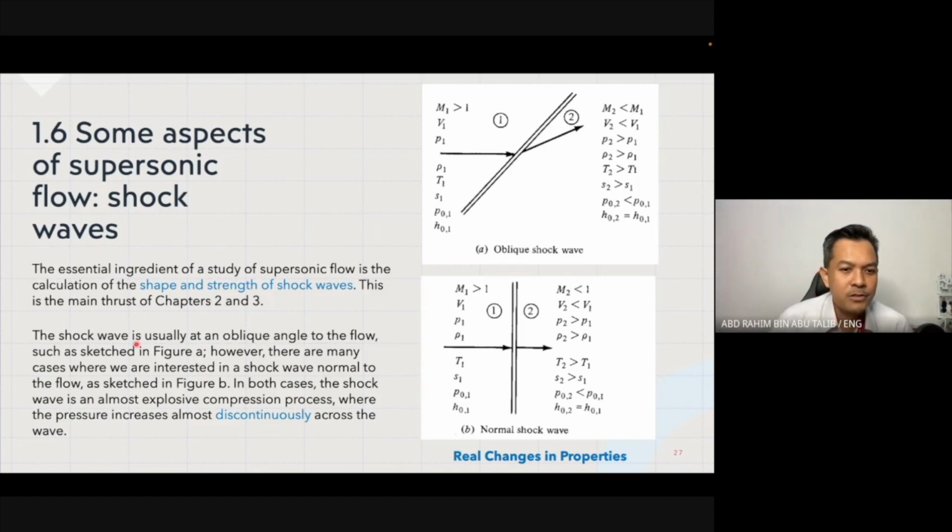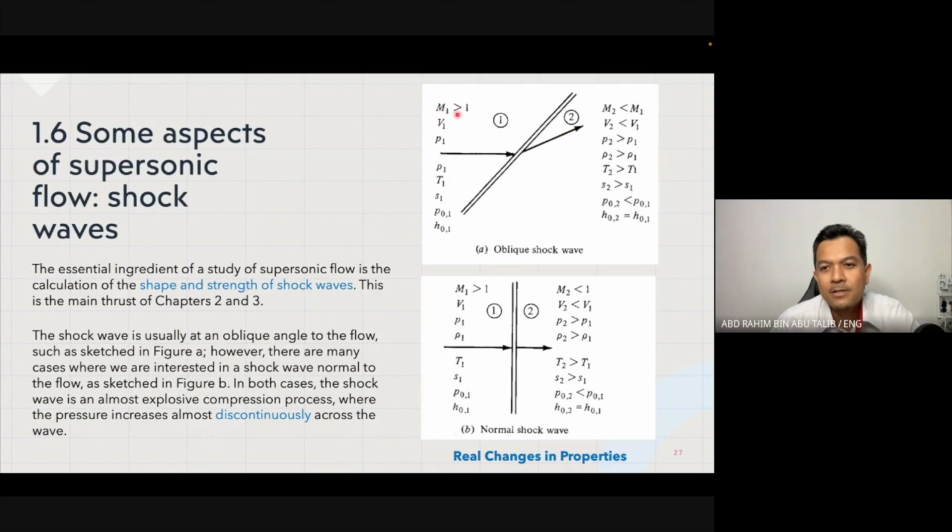The shock wave is usually at an oblique angle to the flow. It's not at a right angle. It's an oblique angle, such as being sketched in figure A. In this particular figure, we have an oblique shock wave. So we have the flow going through and then hitting a surface over there, and we have the shock wave.